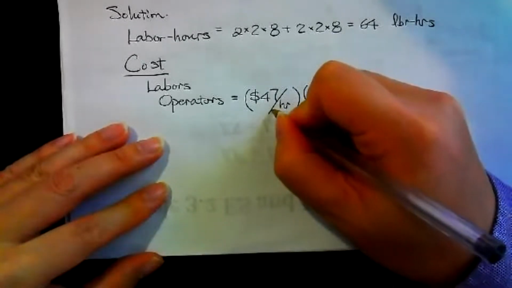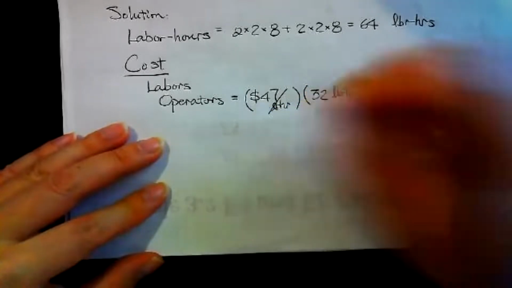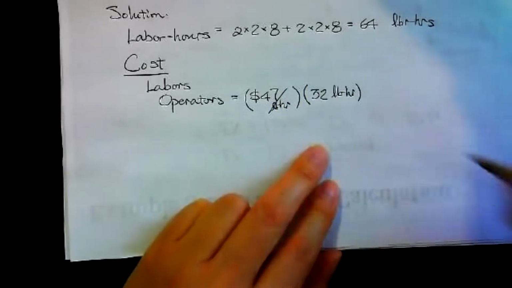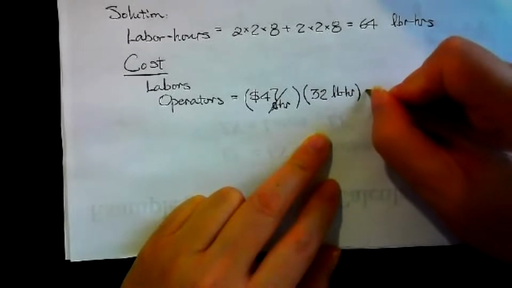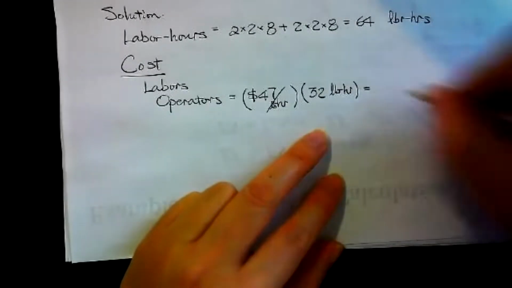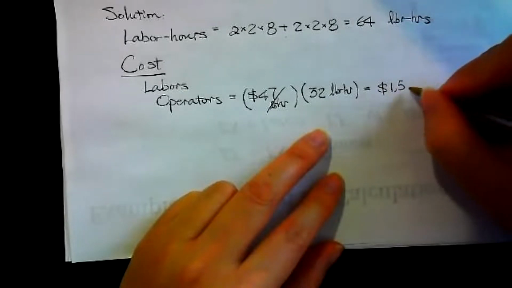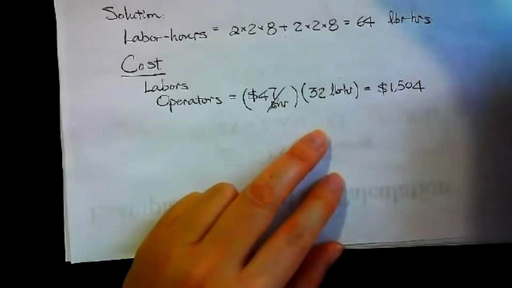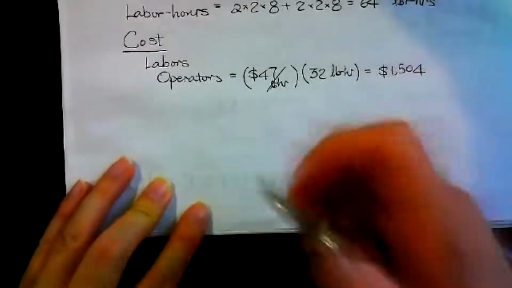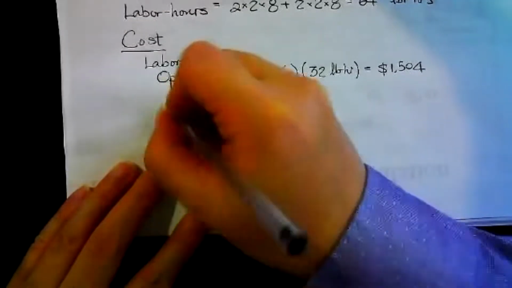This is per labor per hour, okay? And then for operators, we need $1,504.